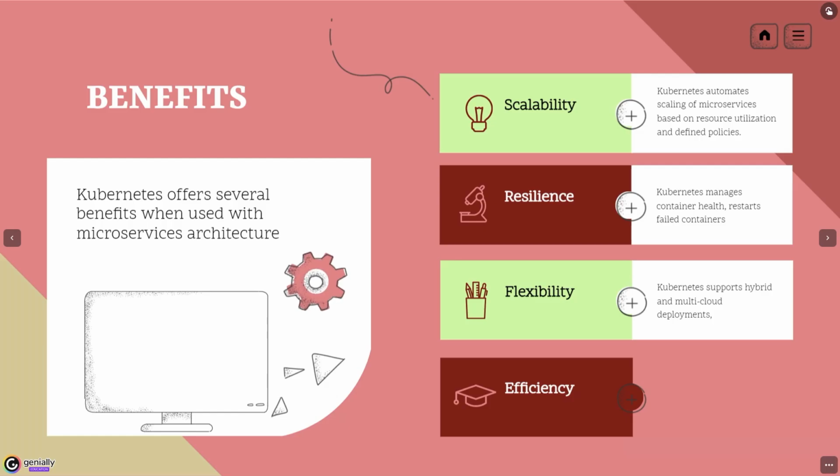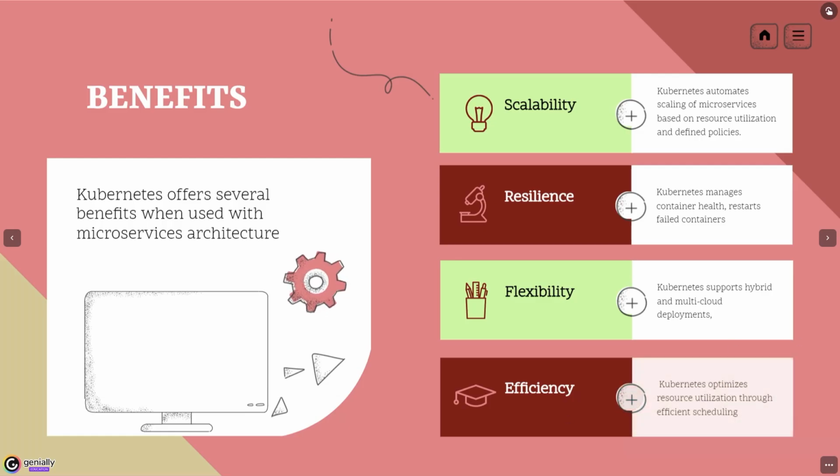Kubernetes supports hybrid and multi-cloud deployments, allowing microservices to be deployed across different infrastructure environments. Next one is efficiency. Kubernetes optimizes resource utilization through efficient scheduling and orchestration of containers, maximizing infrastructure utilization.